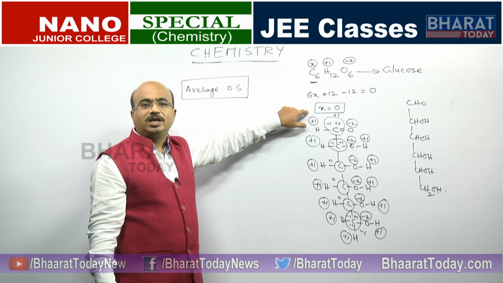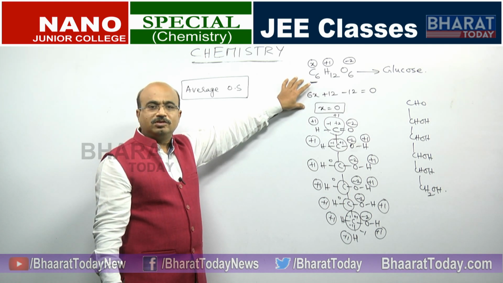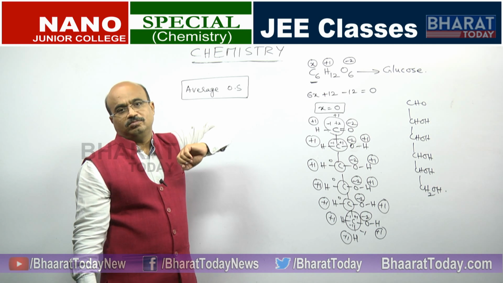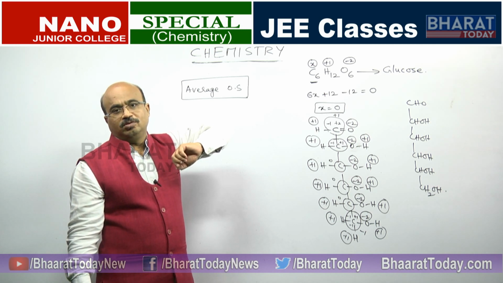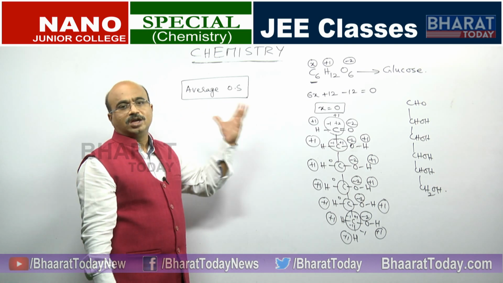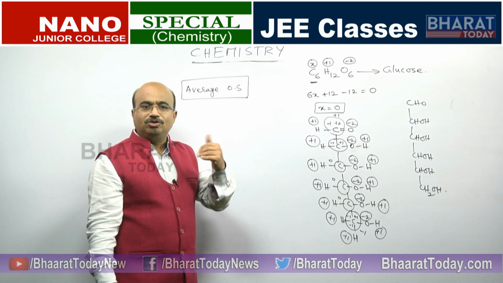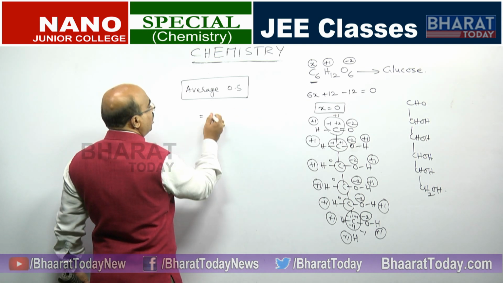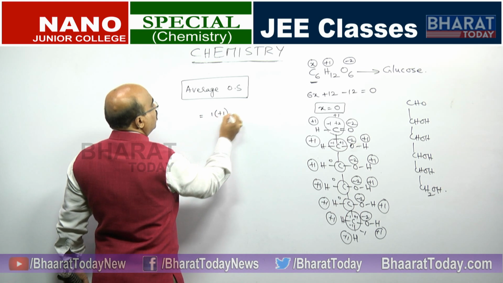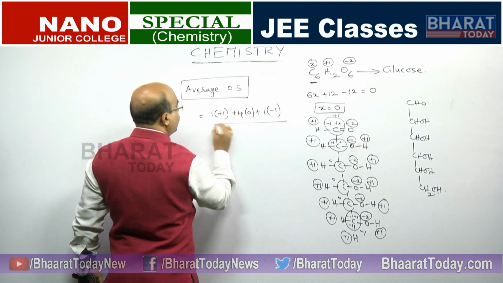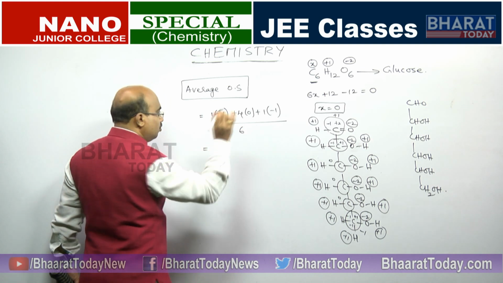We are just calculating the total 6x value, then dividing that by 6 to get the x value. So, finally, we are calculating the average, not of each one. Here, if each carbon is taken, 1 is +1, the remaining 4 are 0, 1 is -1, total divided by 6 is equal to 0.